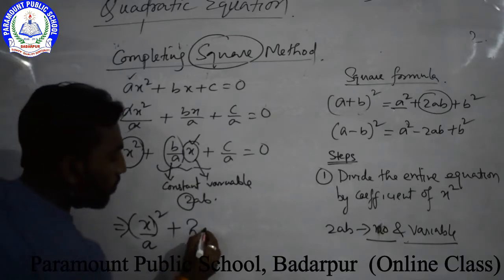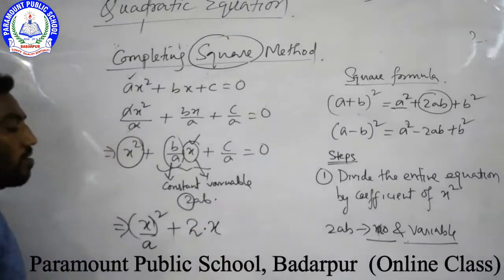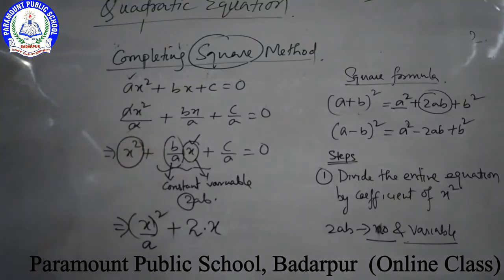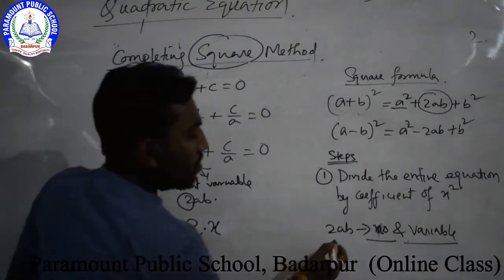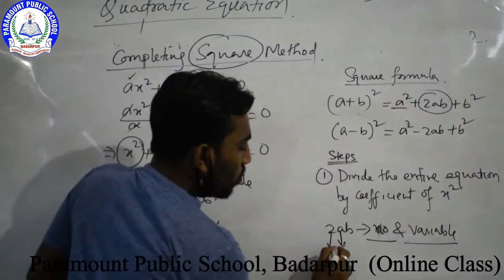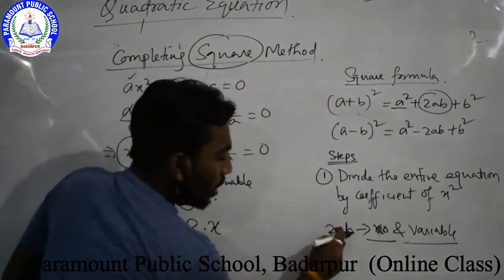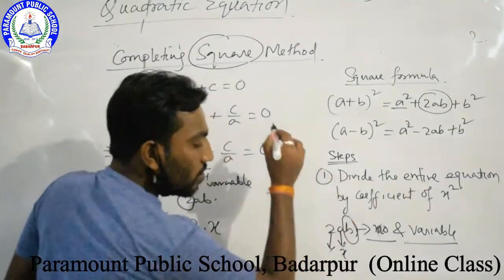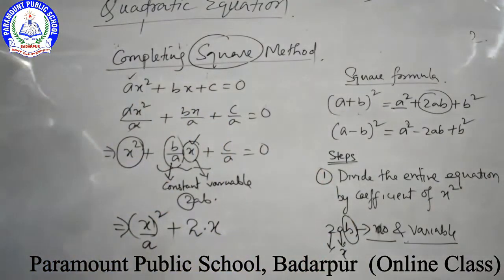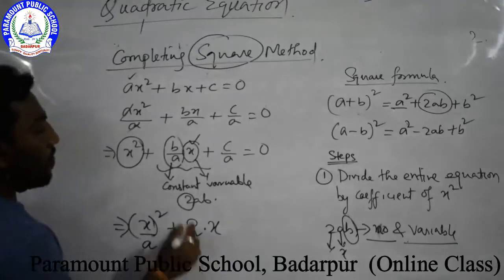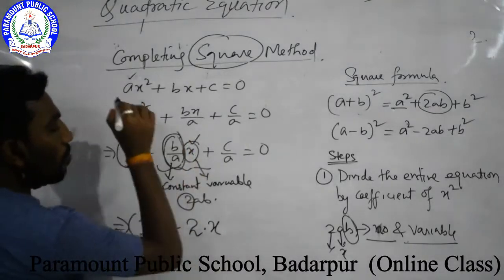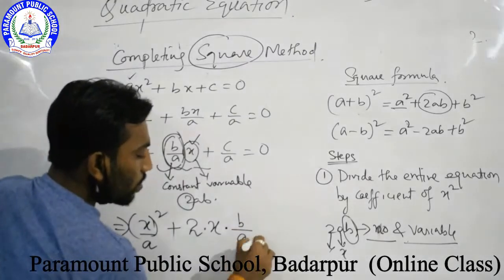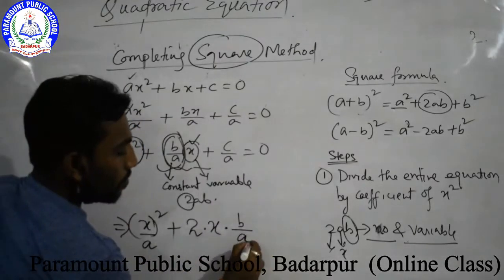So in place of a we can write x. Now, b by a is left. If 2 is already present and our a value is nothing but x, then whatever remaining value there is will become our b value. So from here we can see our b value is nothing but b by 2a.